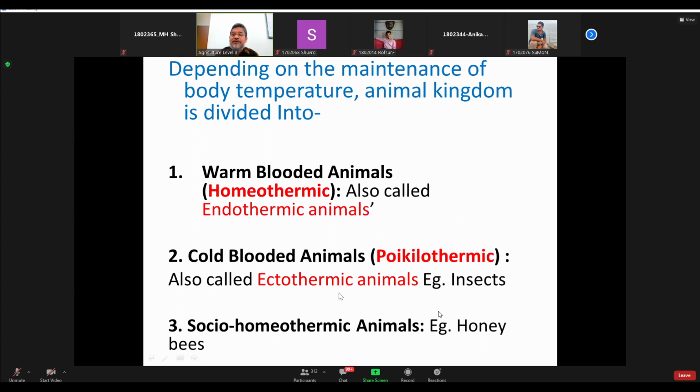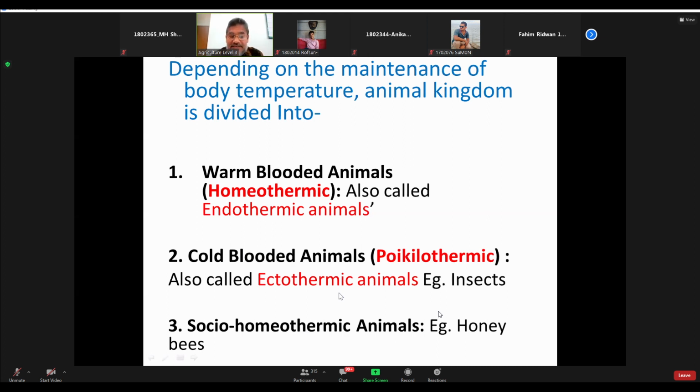The rate of metabolic activities will be higher if the temperature is high. When the temperature goes down, the metabolic activity will be low. As a result, their development, their multiplication, their egg-laying capacity, their longevity, all will be affected due to the change in environmental conditions.